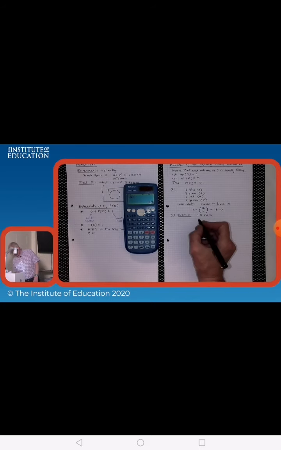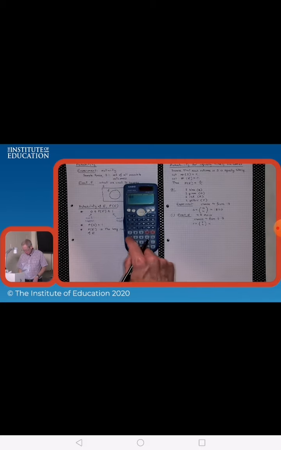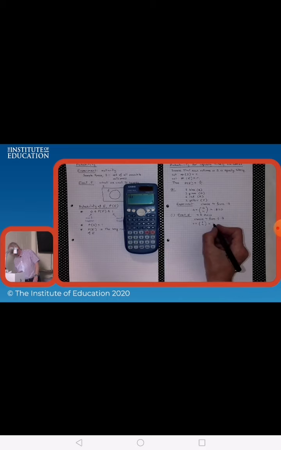But again, we need to write that in probability language, and that would be to choose 4 from all the blue discs that there are, and that's 5. There are 5 blue. So the nE value for that would be 5 choose 4. And we just work that out. 5 choose 4, and that's going to be 5.